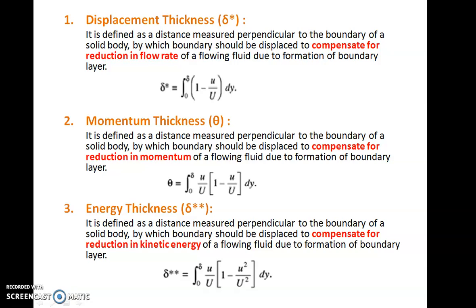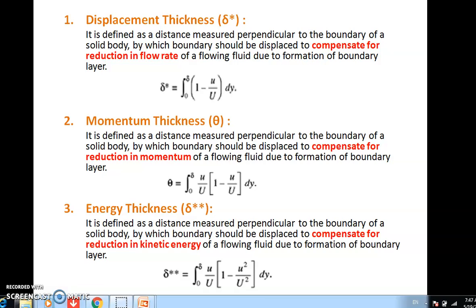The second case, momentum thickness, is defined as the distance measured perpendicular to the boundary of the solid body by which the boundary should be displaced to compensate for the reduction in momentum of the flowing fluid due to formation of the boundary layer.